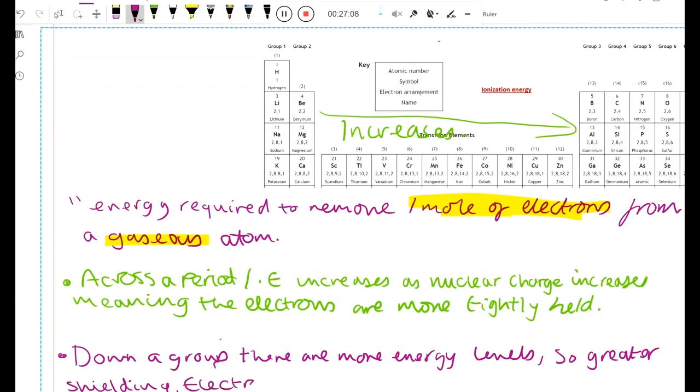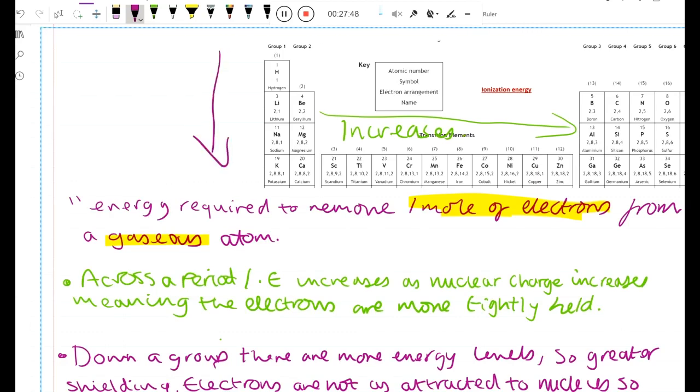Electrons are not as attracted to the nucleus, so easier to remove. Okay. So we have a decrease.